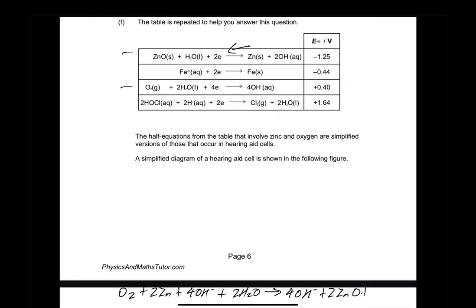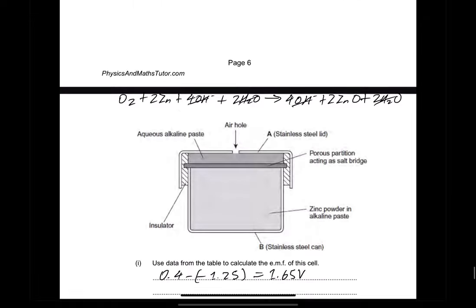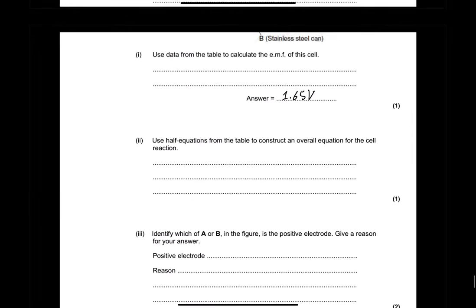Now the H2Os cancel out and the hydroxides cancel out, so it's O2 plus 2Zn goes to form 2ZnO. Time I've got left, 2 minutes 22 seconds.